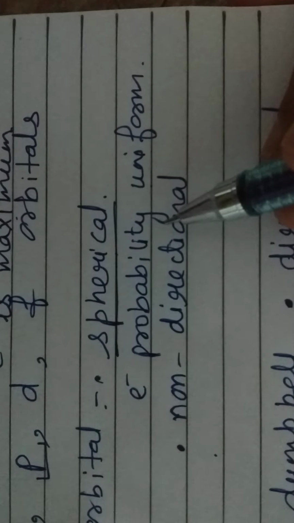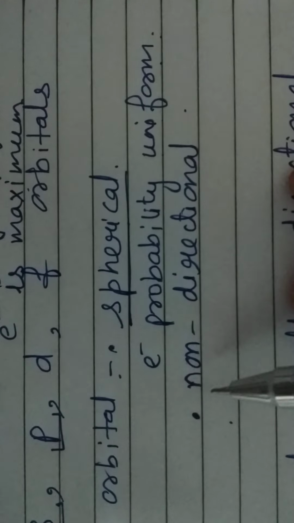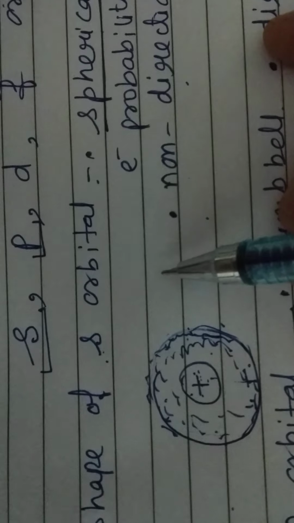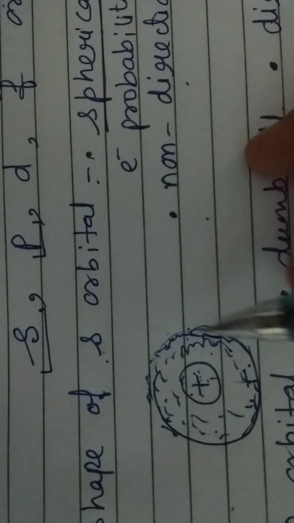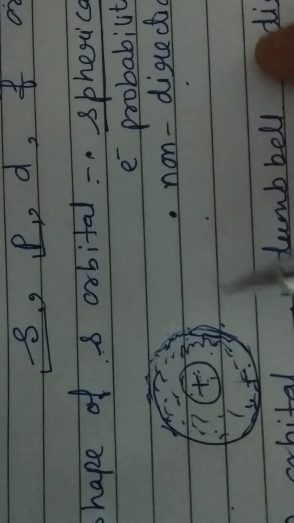So it can be found anywhere, or we can say the electron probability is uniform, a symmetrical distribution. Then secondly, it is non-directional. Any other atom can approach this orbital from any direction because the probability is uniform around the nucleus.